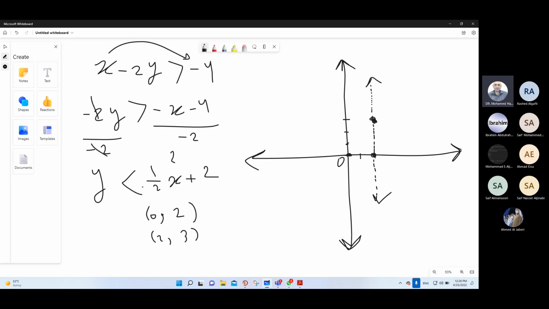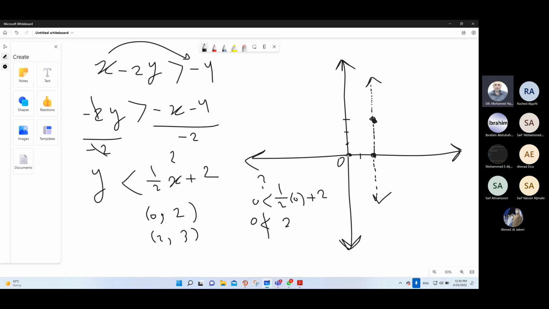You put 0, 0: is y, 0, less than 1 over 2 times 0 plus 2? 0 times half will be 0, plus 2 means 2. Is 0 less than 2? Is 0 less than 2, Michelle? No.